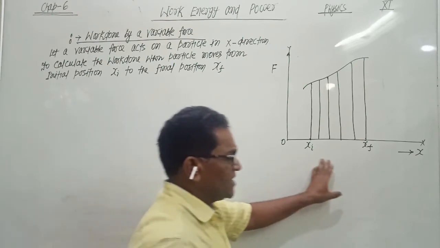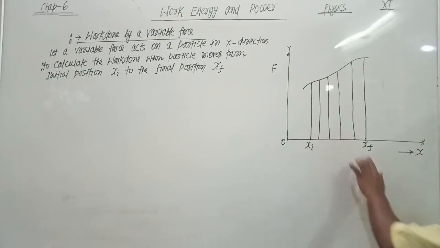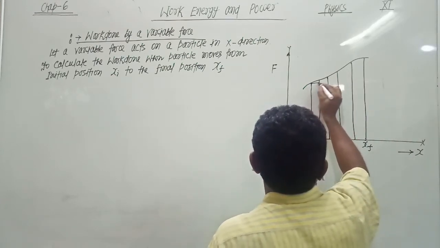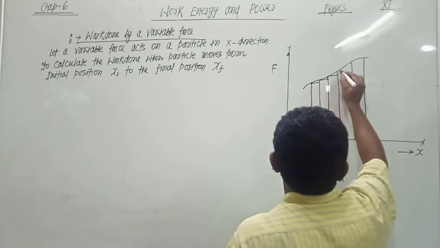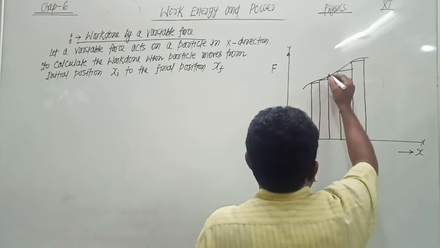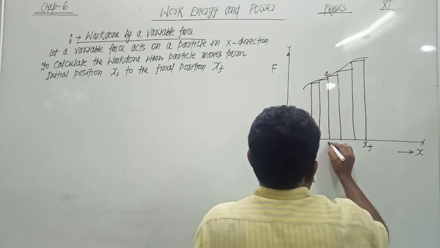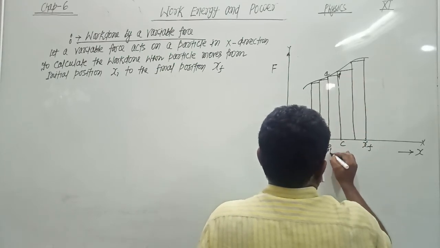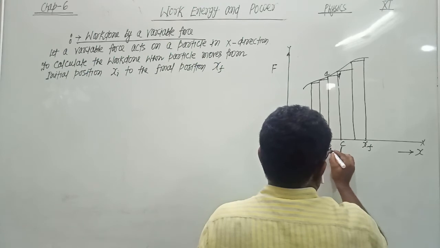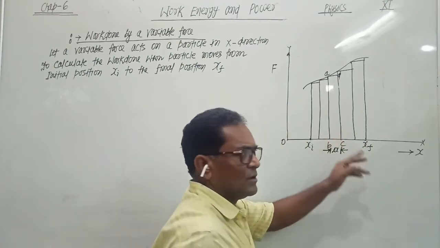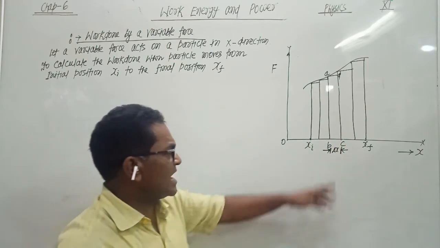So we divide the displacement into a large number of small displacements. We divide the whole displacement into a large number of small displacements delta x, and let the points be A, B, C, D. Each width of the displacement is delta x.